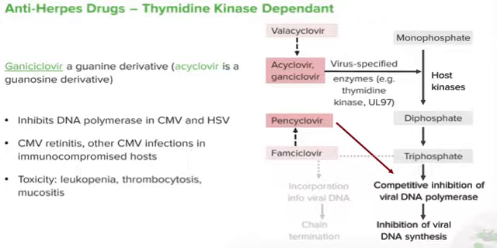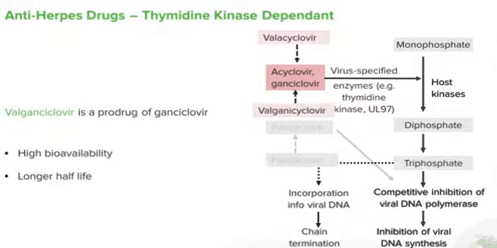Now, when we are looking at these agents, we know that they are inhibiting DNA polymerase inside cytomegalovirus and HSV alike. They are used in CMV retinitis and other CMV infections in patients who are immunocompromised as well. The toxicity of these agents includes leukopenia, thrombocytopenia, and leukocytosis.